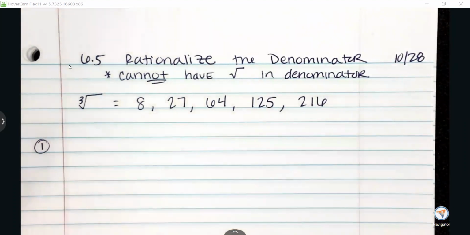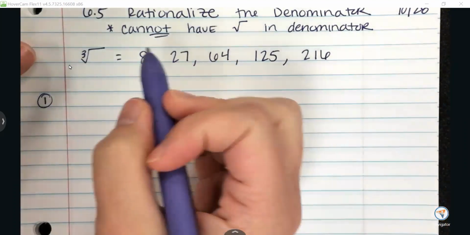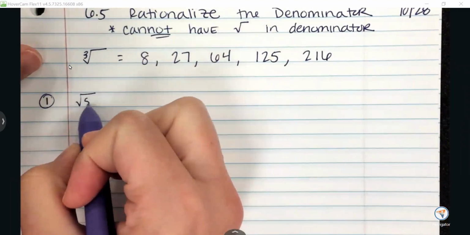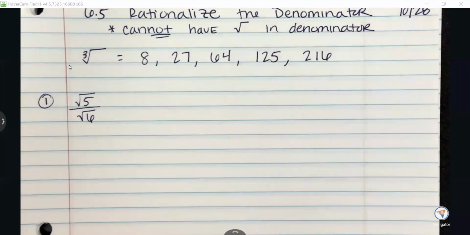Number 1, we're just going to jump into practice and ask questions of where did that come from. So I have square root of 5 divided by square root of 6. In order to rationalize something, I have to multiply it by what will make it a perfect square or a perfect cube.